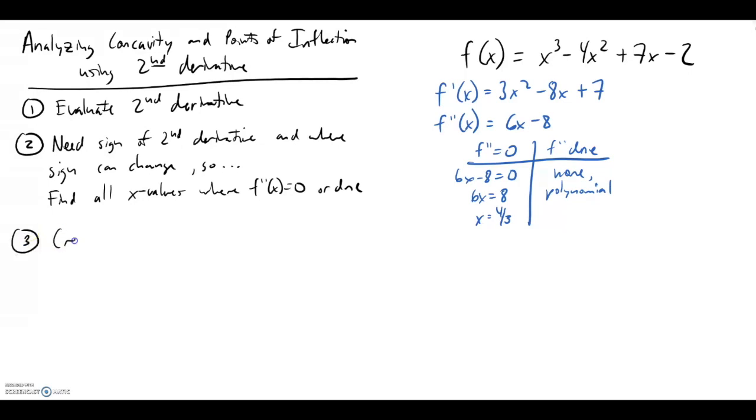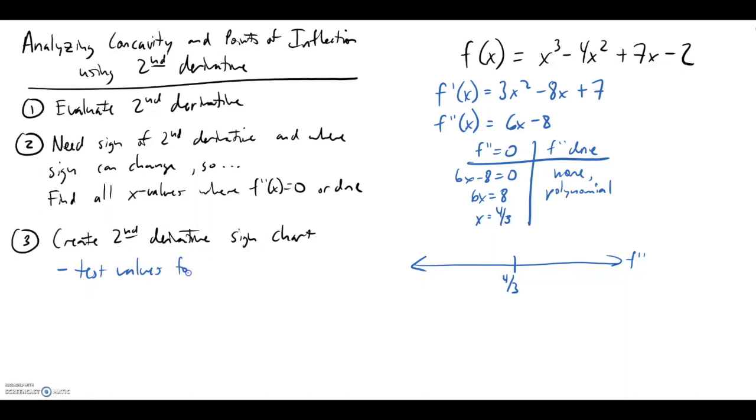Step 3. Create a second derivative sign chart. An organizational tool just to help us figure out signs and help us analyze our concavity. So on the second derivative sign chart, the only value we care about is 4/3. And we're going to use test values to either side to determine the signs for all intervals on the second derivative.